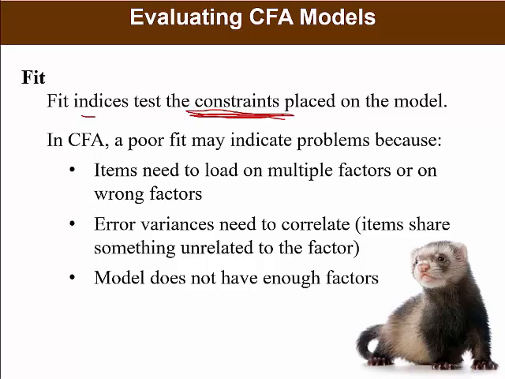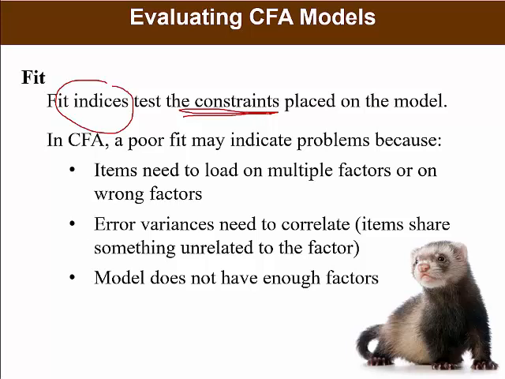And the thing that makes those matrices different is when we put constraints on our model. If I had a model with no constraints, it would fit perfectly. And the more I put constraints on the model, the more I'm giving it opportunities to have a poor fit. So it's more challenging to get fit. The more I put constraints on my model, the more of a challenge it is to get that model to fit. So when I look at a fit index, it's giving me information about the reasonableness of the constraints.